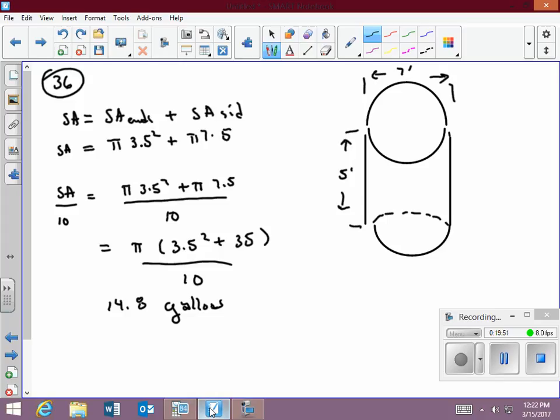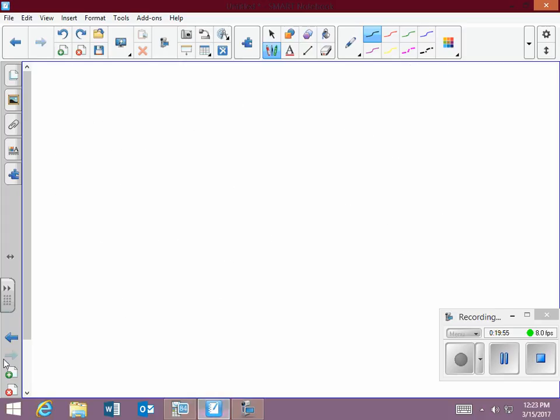Okay, 38. Says a golf ball has a diameter of 1.68 inches. A box in the shape of a square prism to hold 3 golf balls will be made out of cardboard.